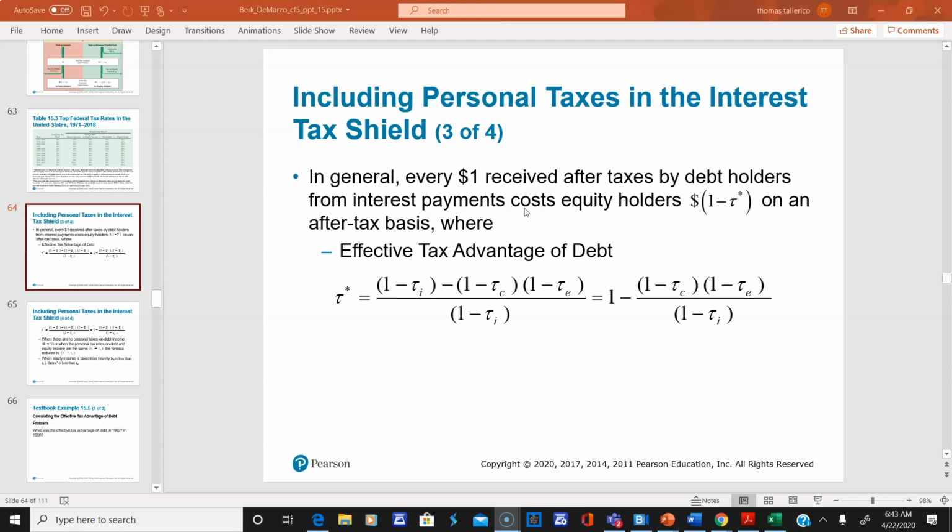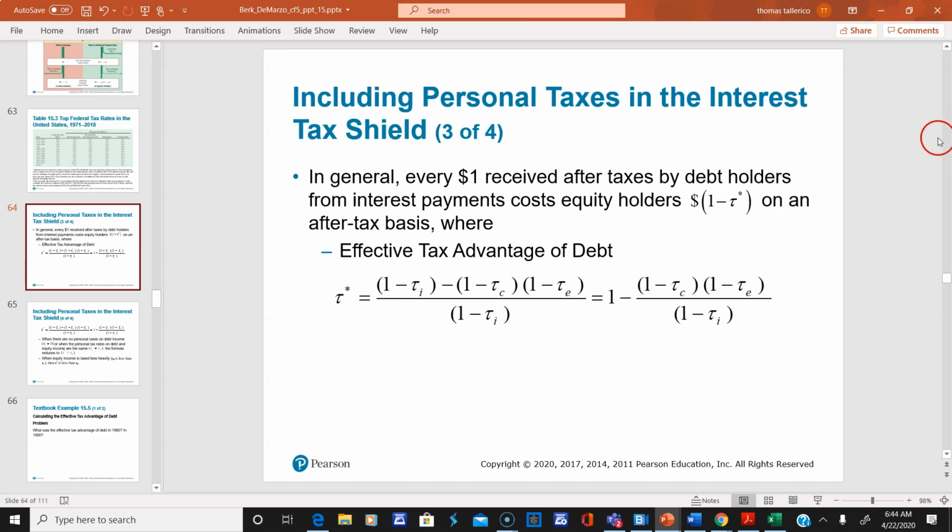Basically, there's an effective tax advantage of having debt. The effective tax advantage of debt, known as T star, is 1 minus the tax rate on the debt interest, minus 1 minus the corporate tax rate times 1 minus the tax that the individual investor pays on equity, all over 1 minus the tax on the debt interest.